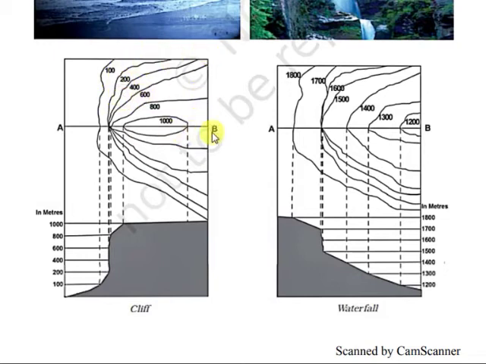And if you notice, these contours are getting compacted here and joining at this point, which has a rapid accumulation of all these contours over here.